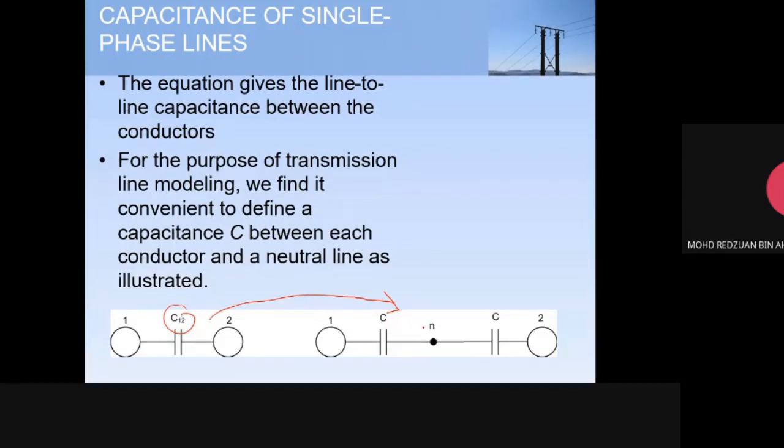This is what we will use in our modeling, because in the transmission line model, we have resistance, which we already calculated. And then this is jSL, this is inductance. And then we have to model this transmission line with this pi model, with C over 2 at each end. This is our C. We want to know what is the C for this transmission line. That means C to neutral.